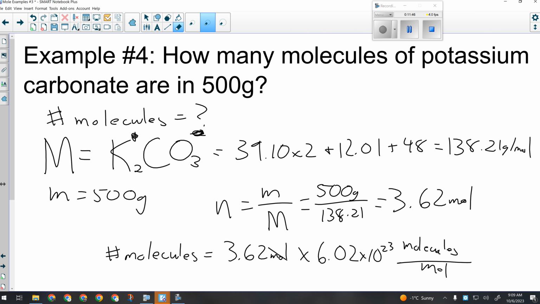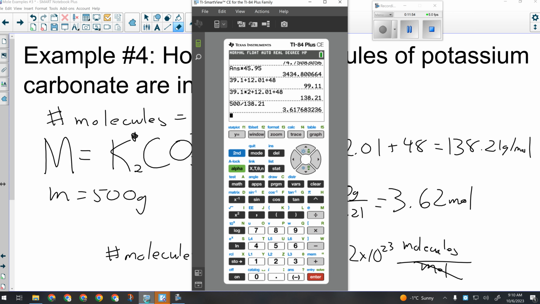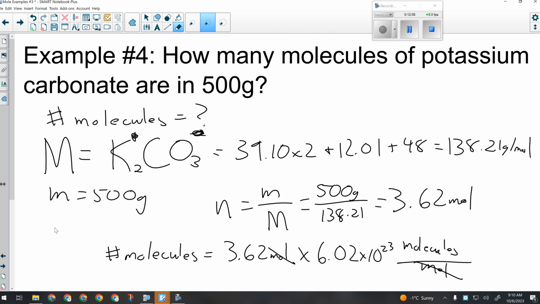So the moles cancel out because there's one on the top and one on the bottom, and then I'm left with molecules. Okay. 2.18 times 10 to the 24 molecules.